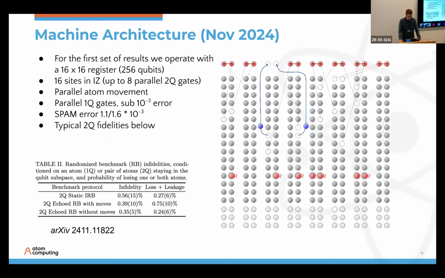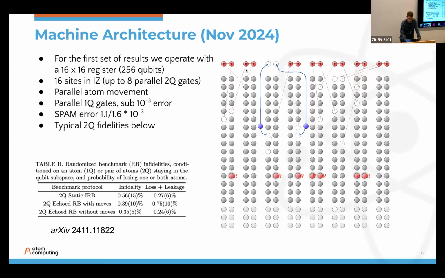As of almost a year ago, this is the architecture that we're using for this paper, which you can find at that arXiv link. We can obviously load a lot of atoms in there, much more than this, but for these circuit results, we made a 256 qubit arrangement, 16 by 16. There are 8 interaction sites.